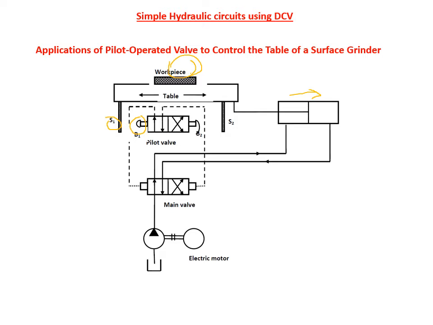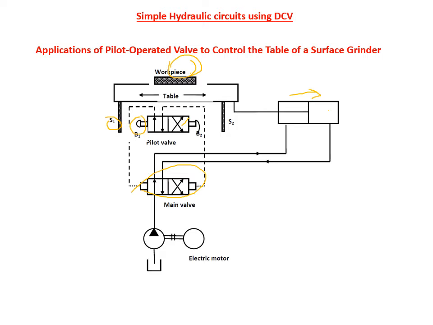When this D1 is activated, you can see that this pilot operated main valve will change its position. So if it changes its position to this side, the fluid which is coming from the pump will now go through this line to the cap end side of the actuator, and it will start extending.